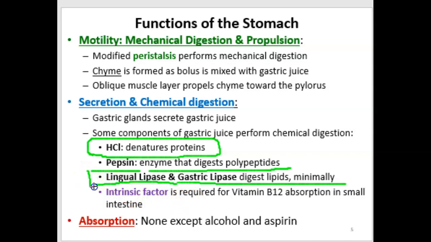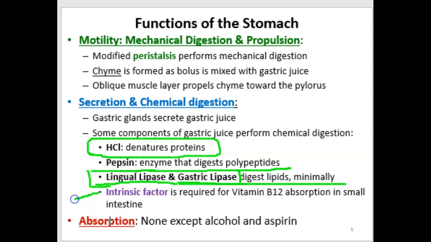So you actually have two enzymes that are functioning in the stomach to digest lipids. It's just that one of them has been made up in the salivary glands and one has been made by cells in the stomach.